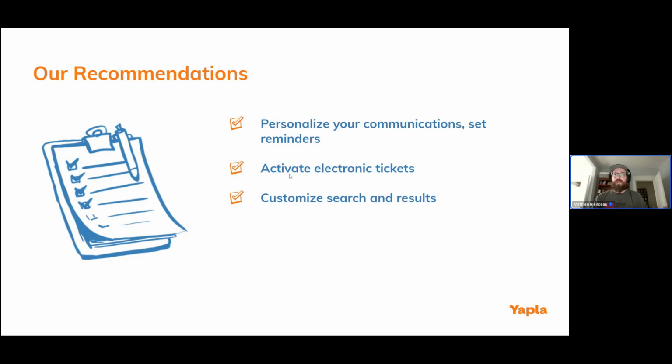We'll also look at how we can add electronic tickets and bills to the communications of your event. And then we'll talk about how we can customize the search for our participant list and the results in order to have an easier time filtering through the registrations that you've collected and to get the information that's most important as quickly as possible.